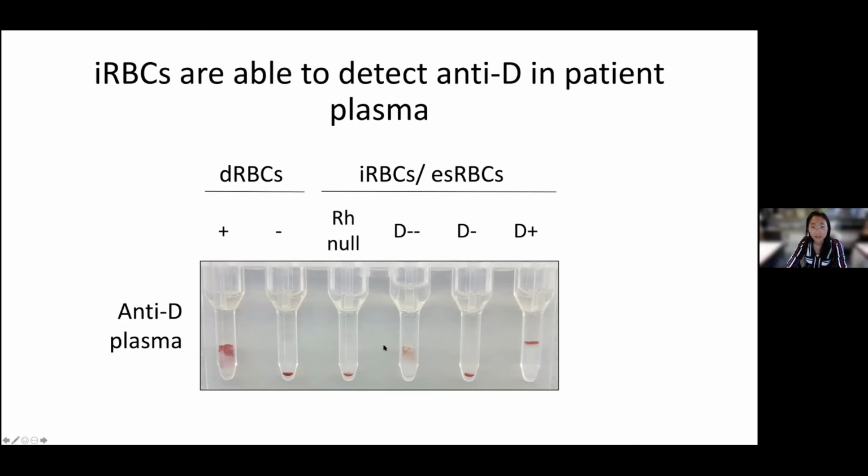We see this nice agglutination pattern with a D minus IRBC, suggesting that the antibody is again somewhere on RHD instead of RHCE. We don't see any agglutination with a D negative IRBC, and we see this really strong agglutination pattern with a D positive IRBC. So having the D minus line is really nice because it tells us immediately that the antibody is somewhere against RHD.